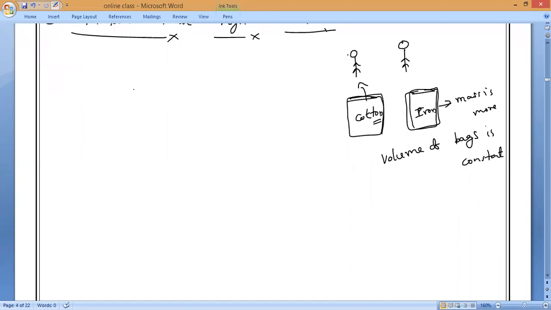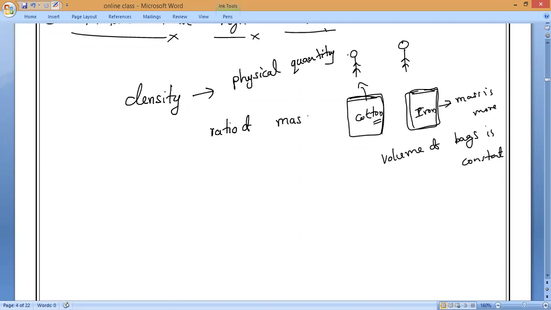First of all, understand very carefully. Suppose I have given you some substance and I want to find the density. Density is a physical quantity, which is the ratio of mass and volume of a substance.